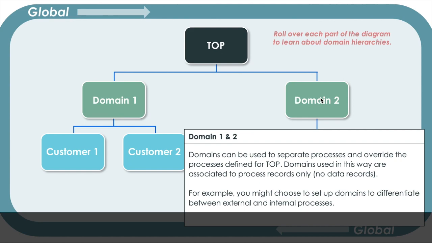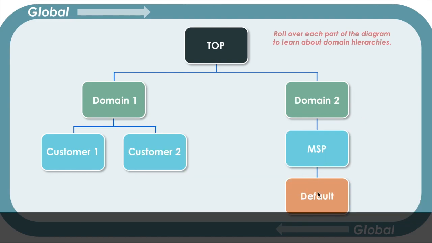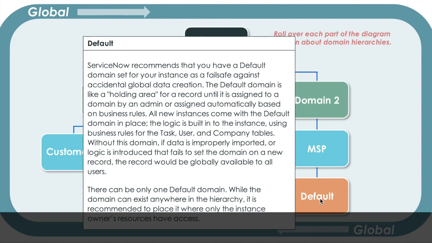For them, you can set different structures. They can land in the same instance, but they can have their own structure in there, and they can choose from those catalogs. And here, ServiceNow recommends that you have a default domain set for your instance as a safeguard against accidental global data creation.